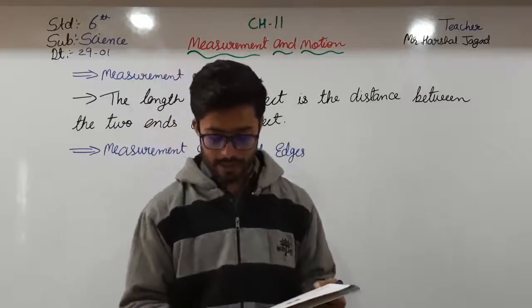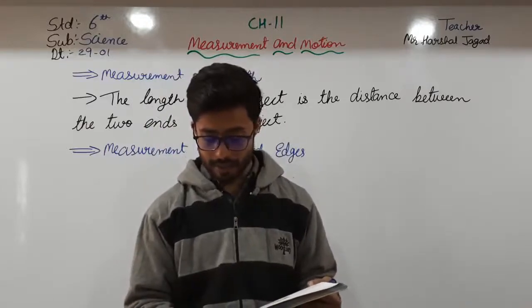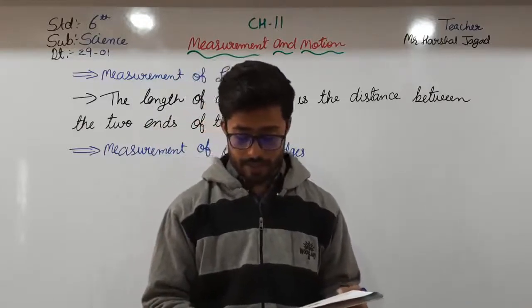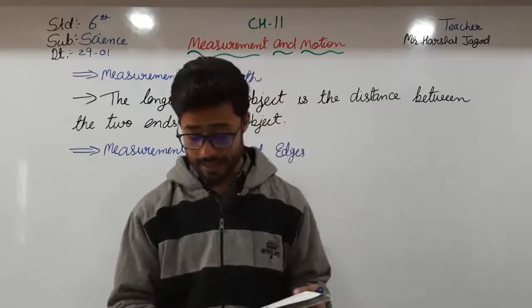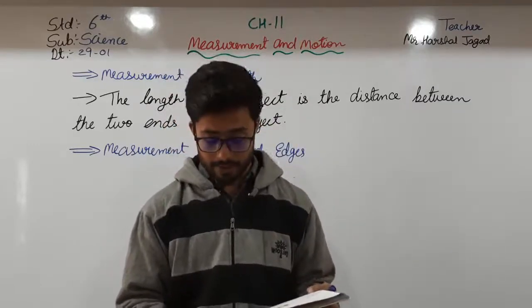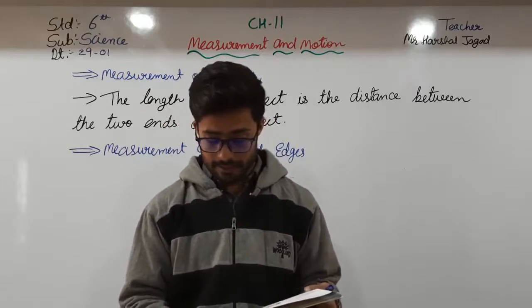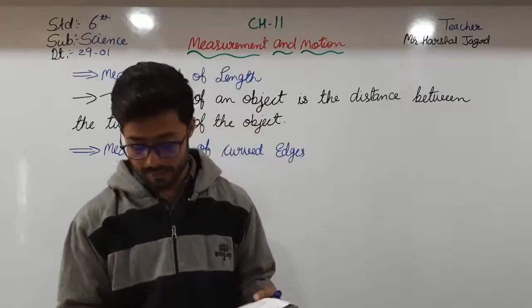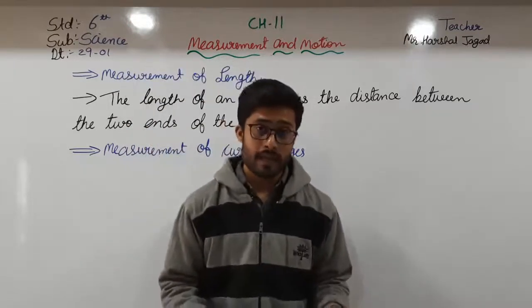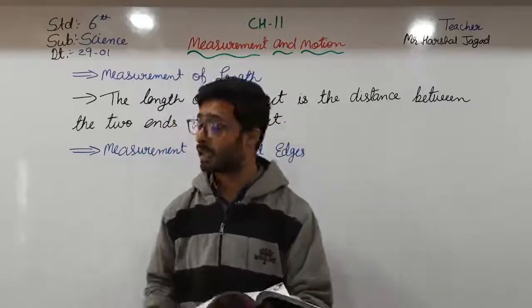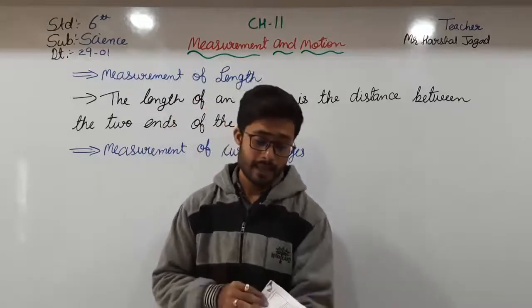Mark the starting and the ending point on the string using a marker. Now use the ruler to measure the length of the string from the starting to the ending point. You will find that in certain cases you can directly use the measuring tape. Here, as I have explained how we have to measure, that is given.